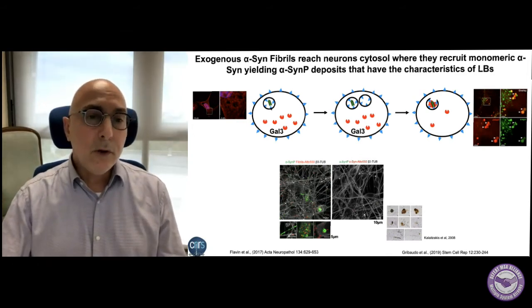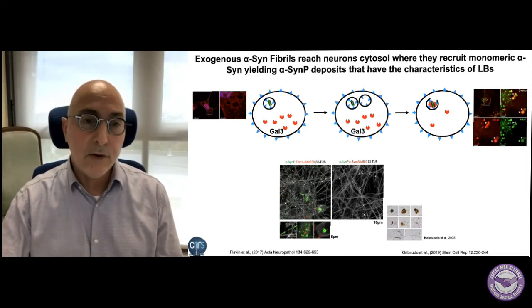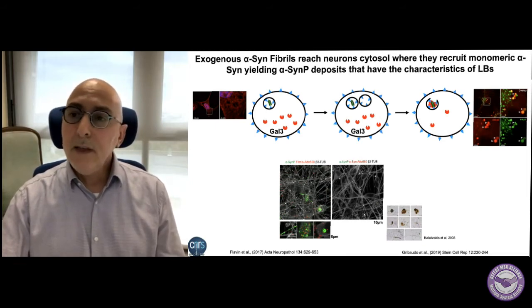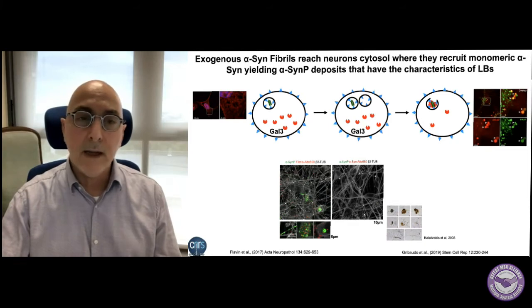So in a normal cell, it is evenly distributed. In cells exposed to alpha-synuclein aggregates, this time labeled in green, you see that the protein forms clumps, and these clumps co-localize with the clumps of alpha-synuclein that are in green.